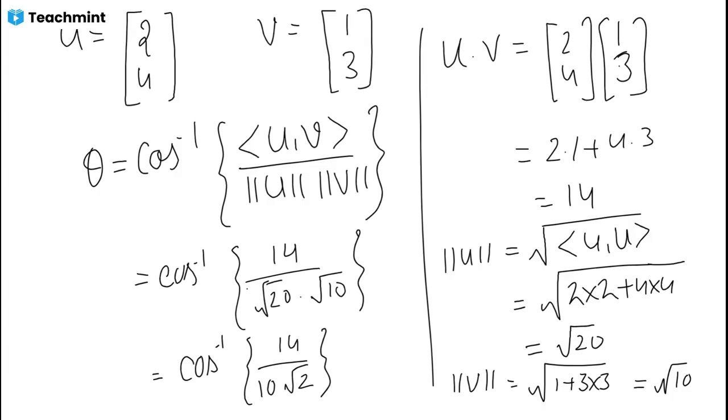Yes, ma'am. So what did you get? I got cos inverse 14 by root 10 into root 20. Then I got 14 by 10 root 2, and we can then reduce it. Then I did cos inverse on the calculator and got 8.13. Okay, you can just leave it by simplifying in this form.